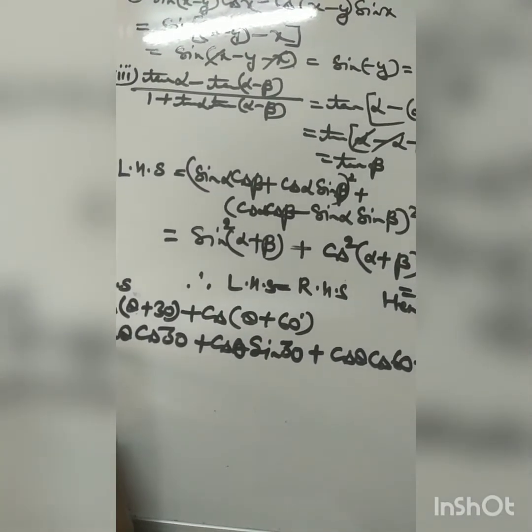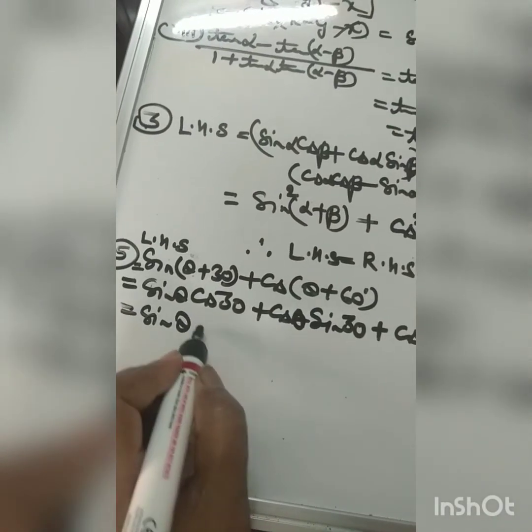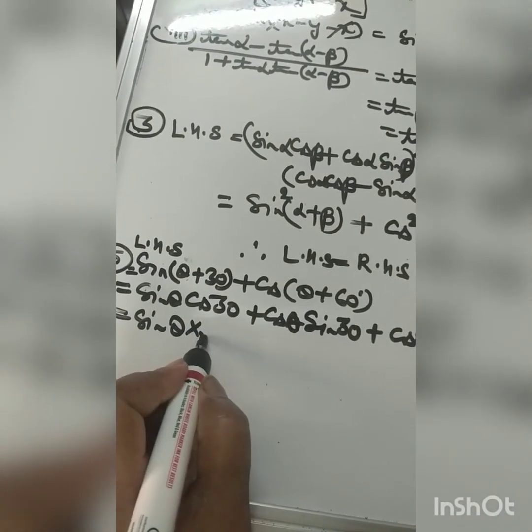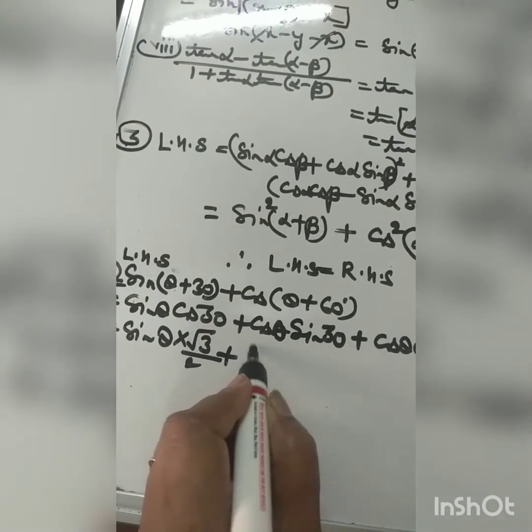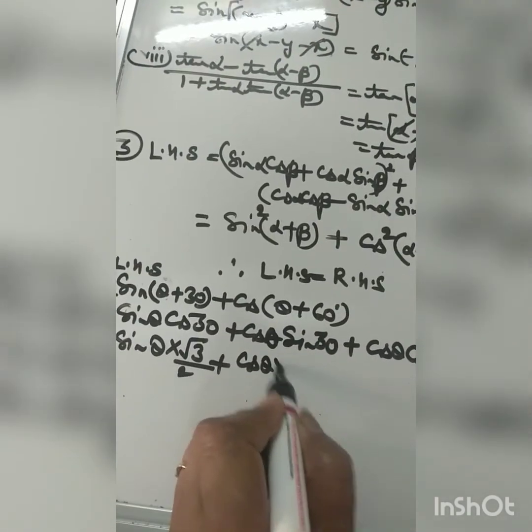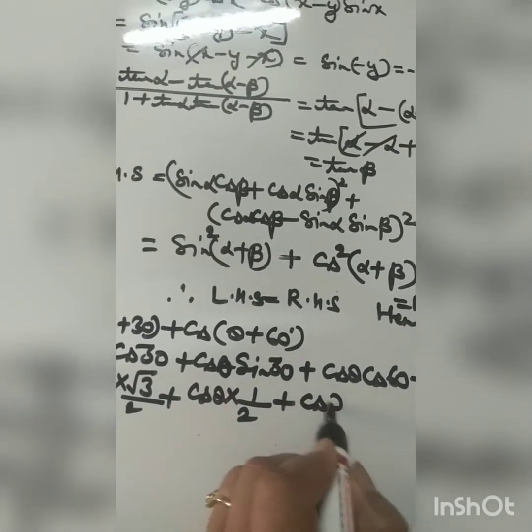Sine theta is sine theta. You can't do anything with this. Cos 30 is root 3 by 2, plus cos theta again as it is. Sine 30 will be half, plus cos theta as it is.